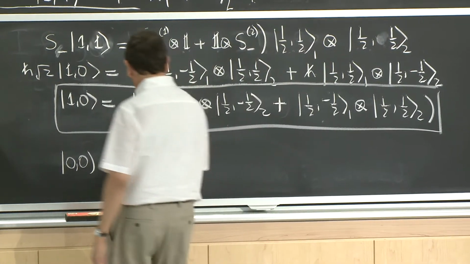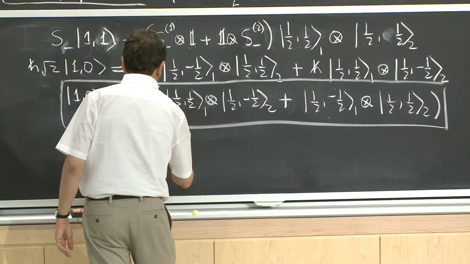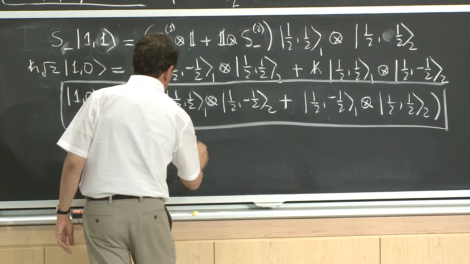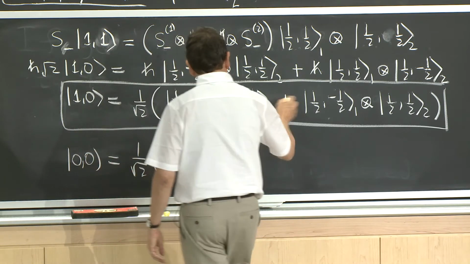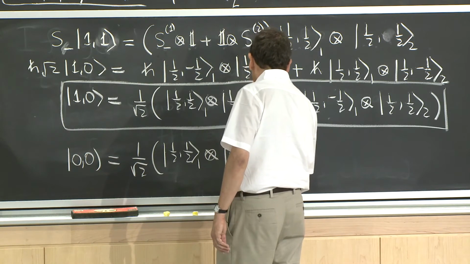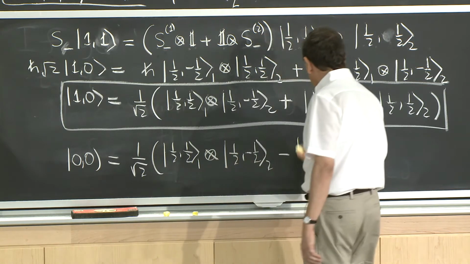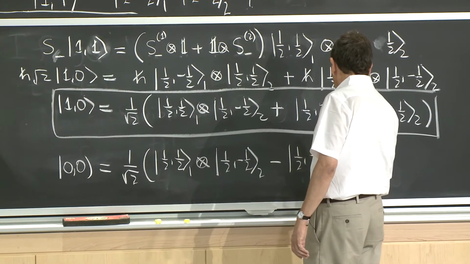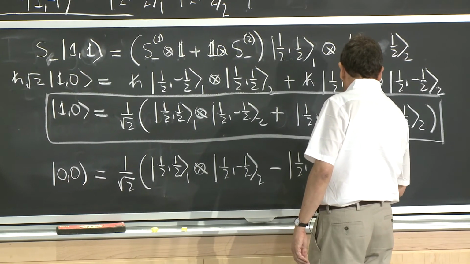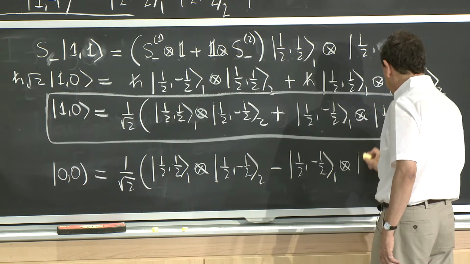So the orthogonality will hold if you simply change the relative sign between these two terms. So I claim that if you put a minus instead of a plus, you will get a state orthogonal to the |1,0> here.